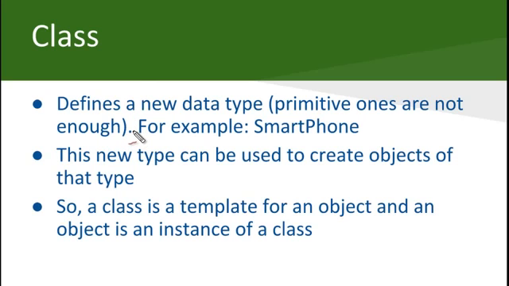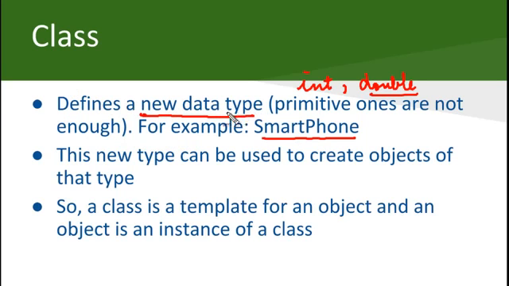So let us now define a class. What a class does is it defines a new data type. As we had seen, integers, double, etc. are data types, but as we know, when we model a real world example into a program, these are not enough. We need to basically create our own data types depending on the categories. There may be different kinds of bicycles, there may be different kinds of phones, for example, we took the example of a smartphone.